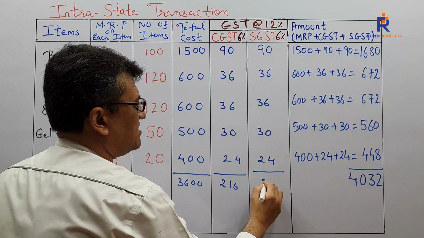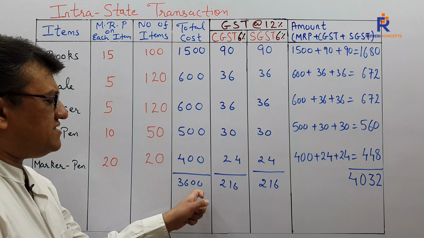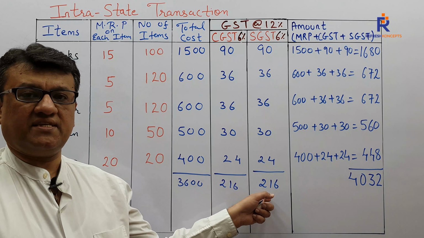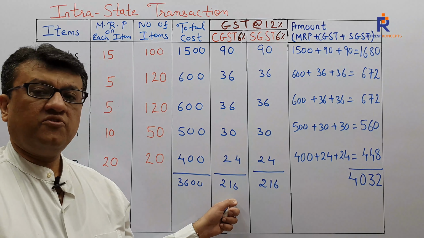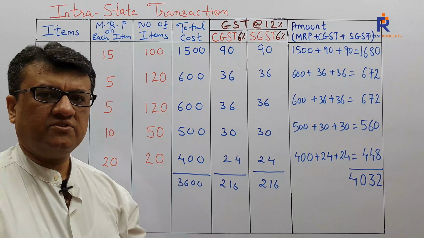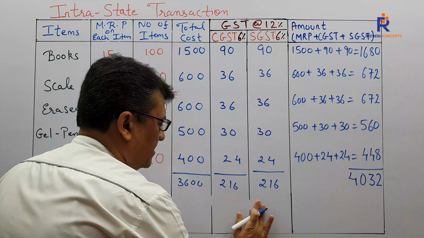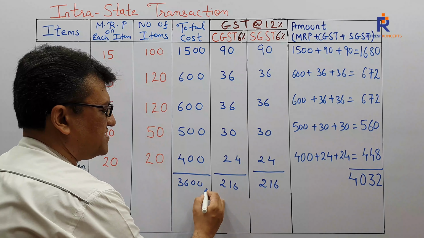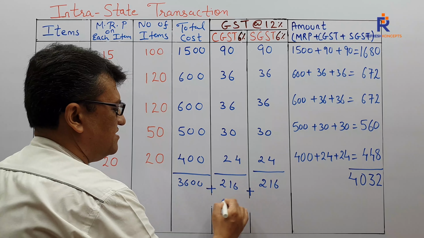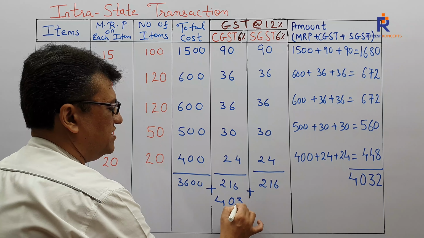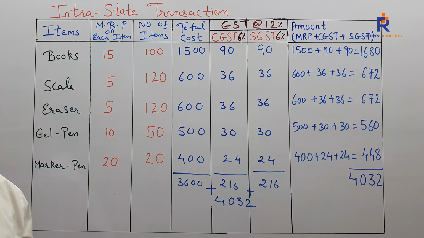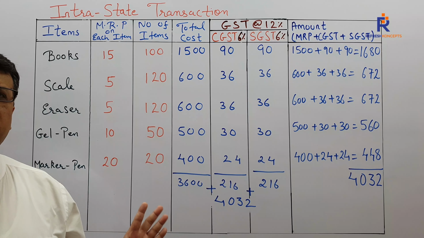This is again 216. So 3600 plus 216 plus 216, 3600 plus 432, 4032. If I sum up all these three, the answer turns out to be 4032. Right, children? A very simple one, very simple to start off with.